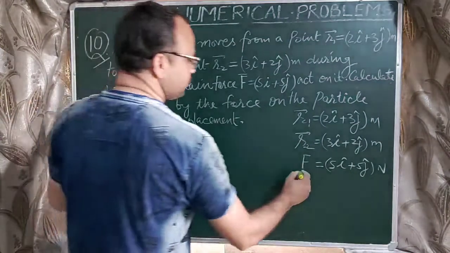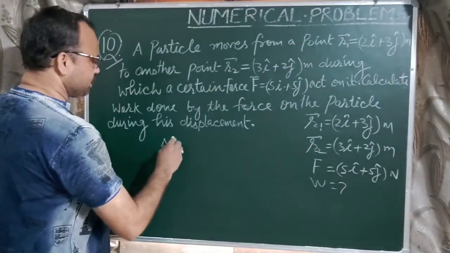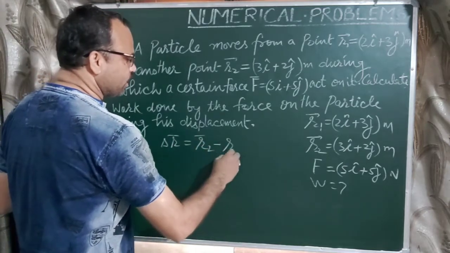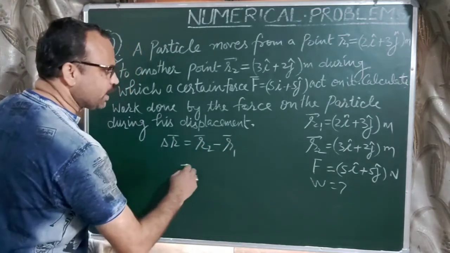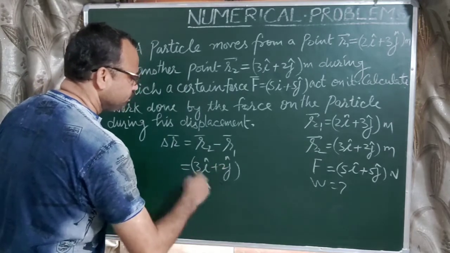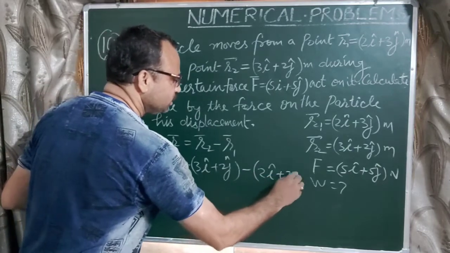Calculate the work done by this force, W equals question mark. Calculate the displacement, delta R vector, R2 vector minus R1 vector. Now put the value of R2, 3i cap plus 2j cap, minus the value of R1, 2i cap plus 3j cap.